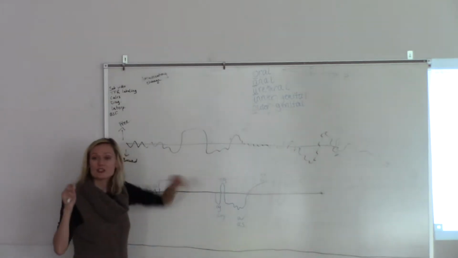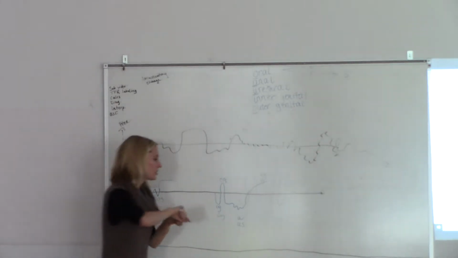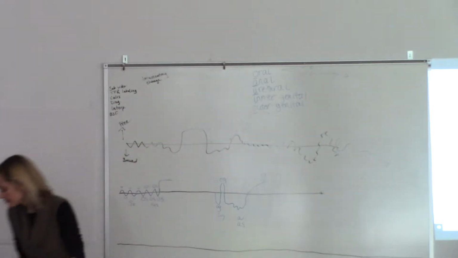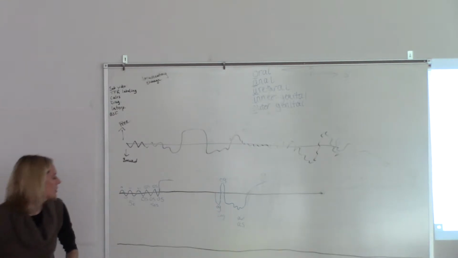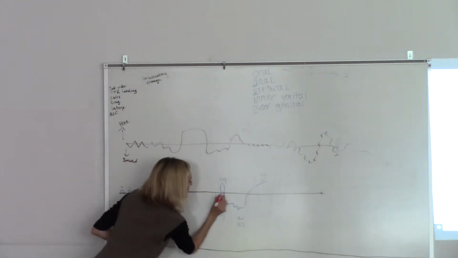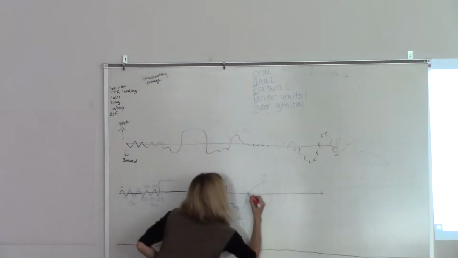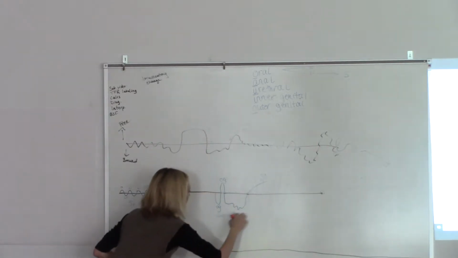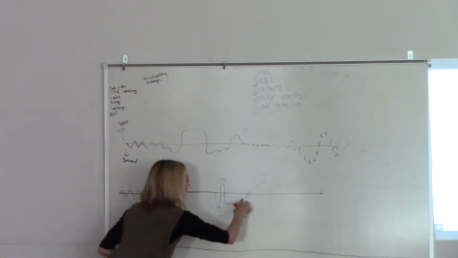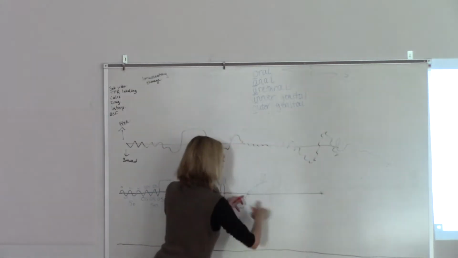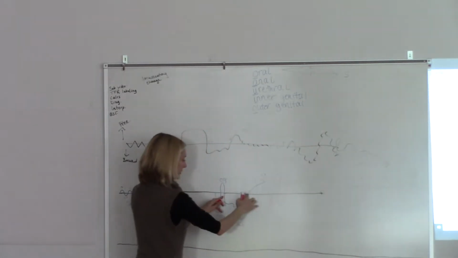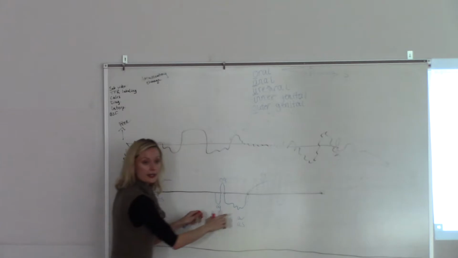And if you need to, make little marks just to show yourself so you're clear. So you could say, okay, I'm just going to call it from here to here. So I'm only going to focus on this. And then it changes into something else. So I'm only going to focus on this for now, okay?